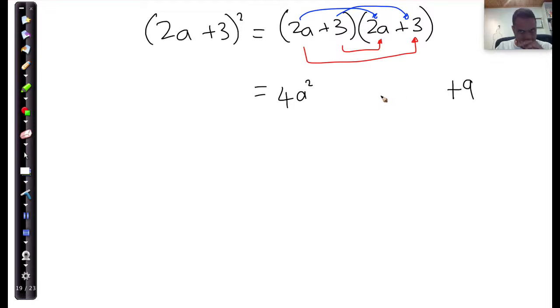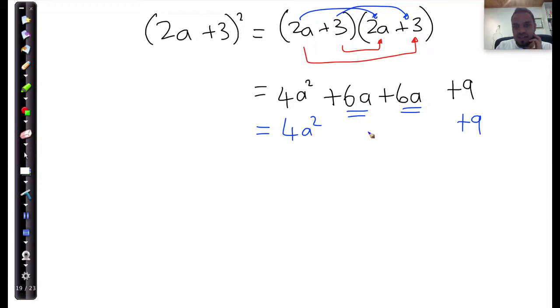Then 3 times 2a is actually going to be 3 times 2 is 6, and it's positive times positive, so it's positive 6a. And then another one, 2 times 3 is positive 6a. Okay. Can you see a pattern forming already? That's 4a squared, that's plus 9, and then you have 6 and 6, that's going to give you 12a.